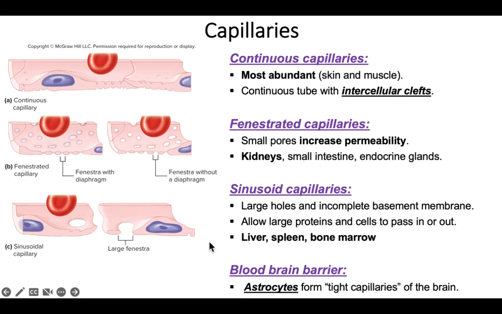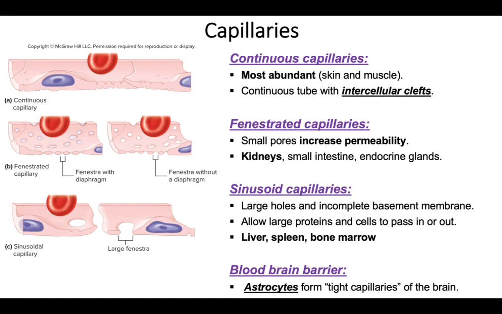And then finally, again, we have that blood-brain barrier that you learned about in A&P 1. Astrocytes make them less permeable in order to protect the brain. The downside of that blood-brain barrier is if we want to design something to get into the brain.